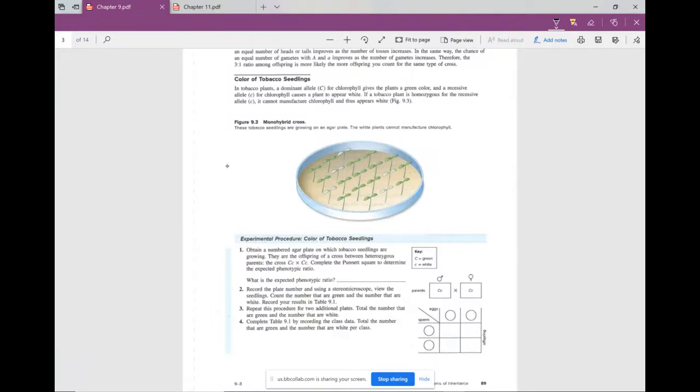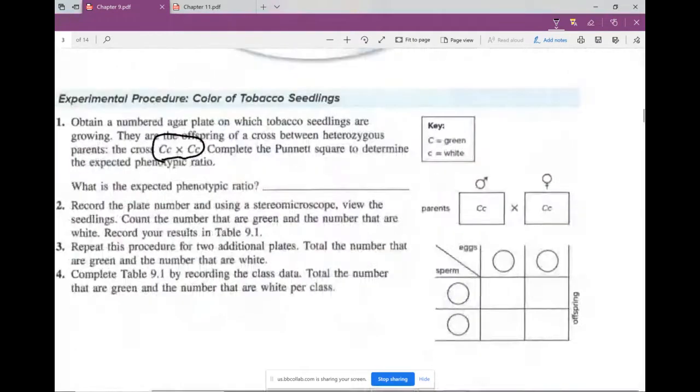All right, what is the expected phenotypic ratio if the parents of these tobacco seedlings are heterozygous? This is another monohybrid cross. So what are going to be the gametes, the distribution of the alleles among the gametes? The female parent, this is her genotype. So one gamete can have this capital C, which means green, and another one a lowercase c.